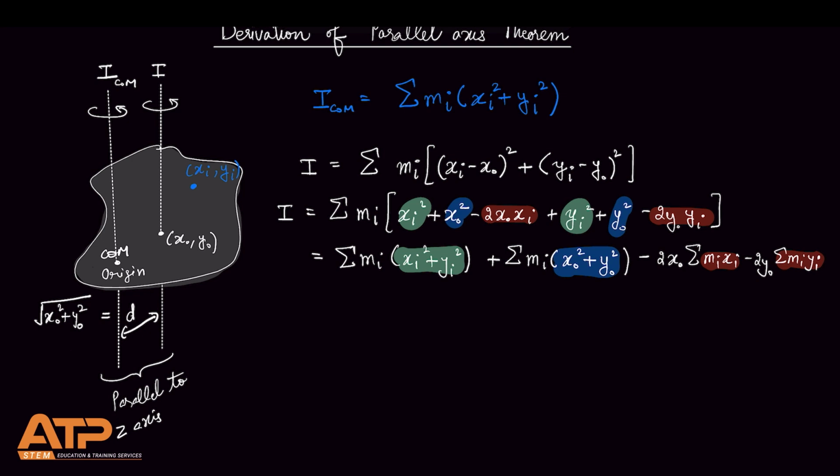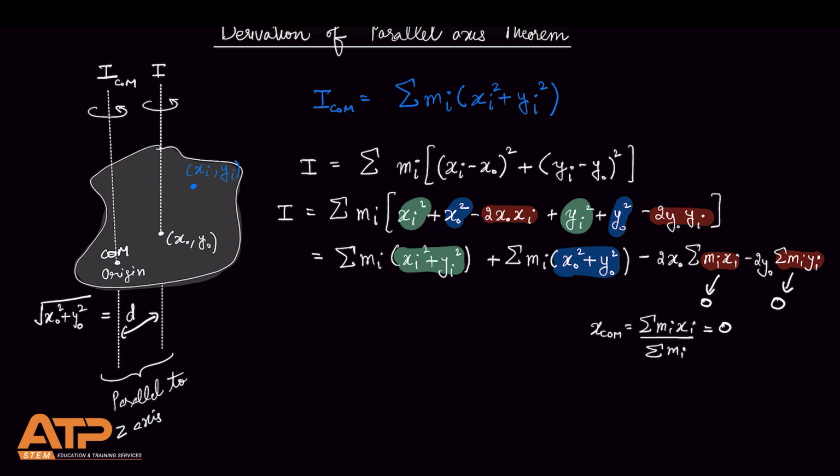So this is basically md square. And what am I getting through these two terms? Here I have taken 2x naught out of the summation. Why? Because it is constant. What is the variable? Variable is mi xi and here mi yi. This variable summation mi xi is gonna be 0. Why? Because this is from the formula of calculating x center of mass. And where is x center of mass?